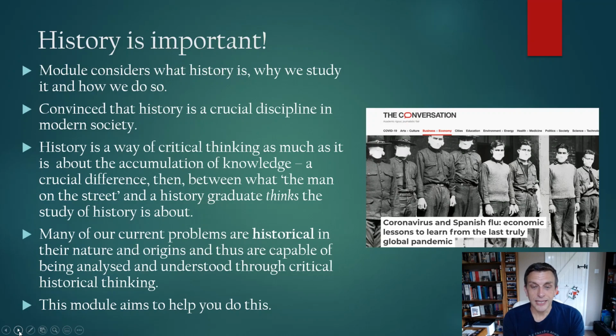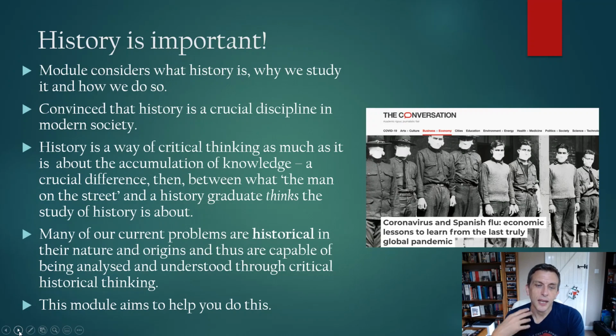This module is rather different from the other ones that you'll take in your history degree, and in history in the first year, indeed. It asks the question, what is history? And why do we study it? And how do we study it better? How do we make that transition from school into university study?